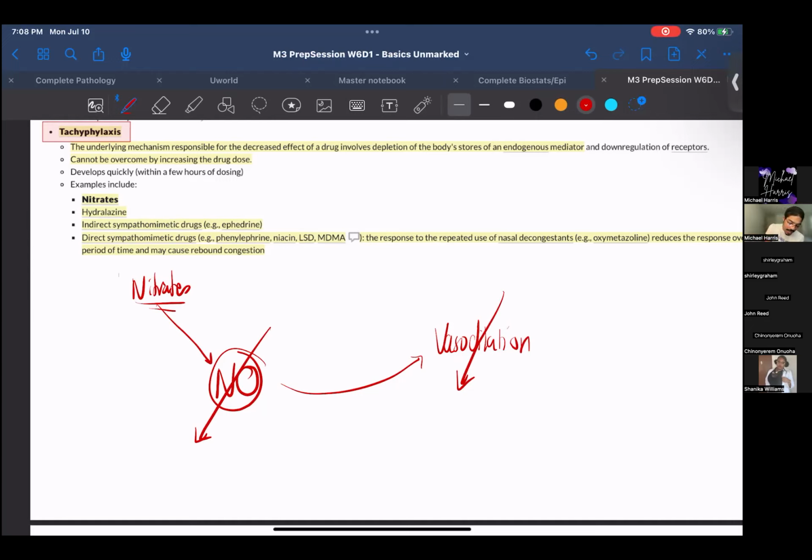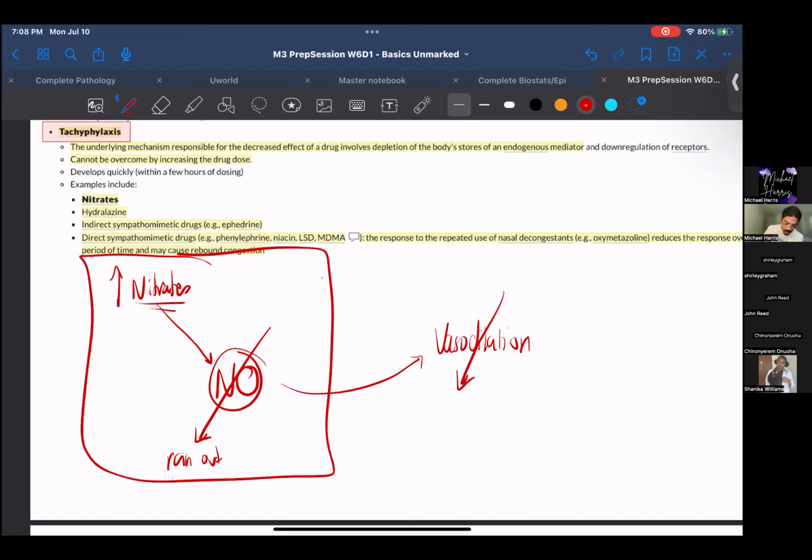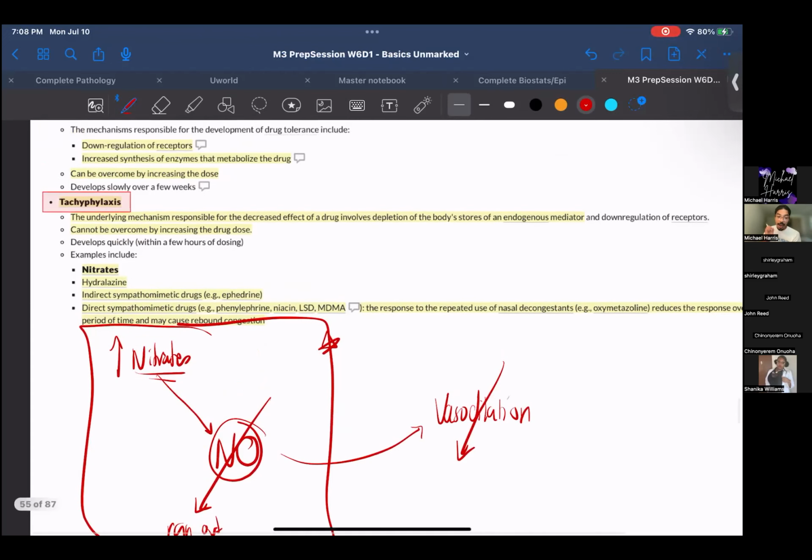If you increase nitrates in this regard, will anything happen? You ran out of nitric oxide. No. This is key to tachyphylaxis. Okay? It's whenever you increase a dose of something and you still don't have a result.